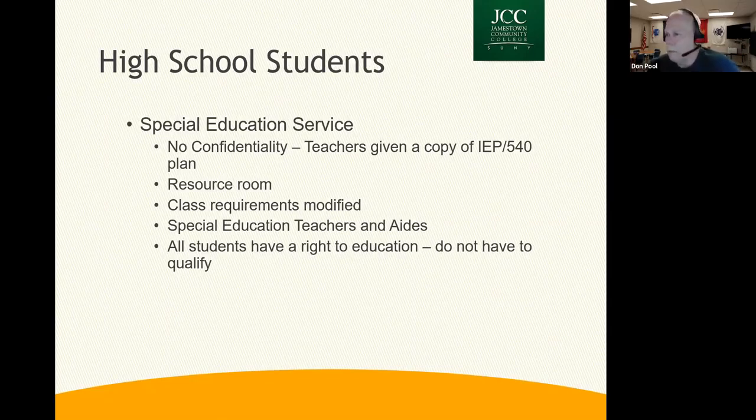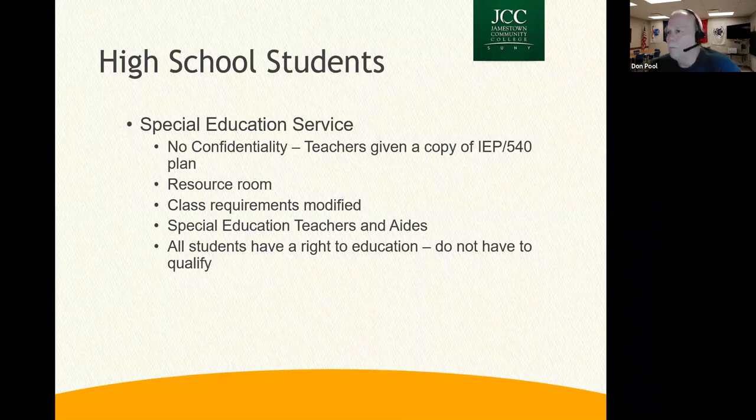In fact, it seems like the whole school has a copy and knows your business. When it's time to take a test or do additional studying, they come in the room, grab you by the ear, drag you down to the resource room where there are special education teachers and aides to help you take your test or do whatever it is you need to do there.